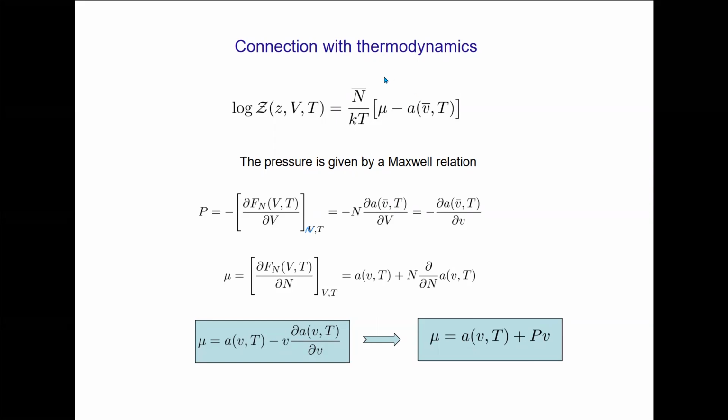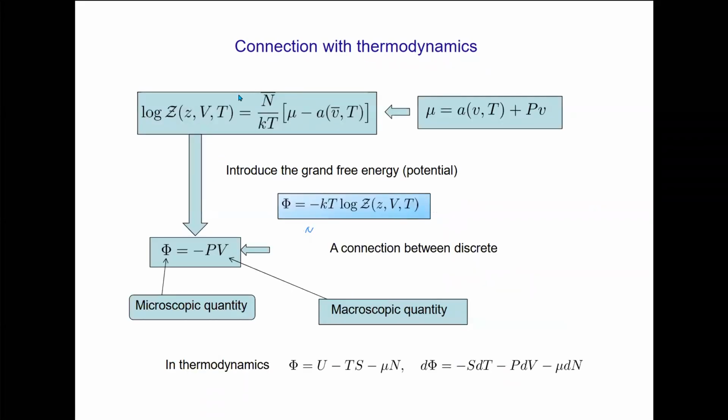And now let's compare it with our formula, which comes from the statistical description. So we have log of Z is number of particles over kT times mu minus the free energy per particle.